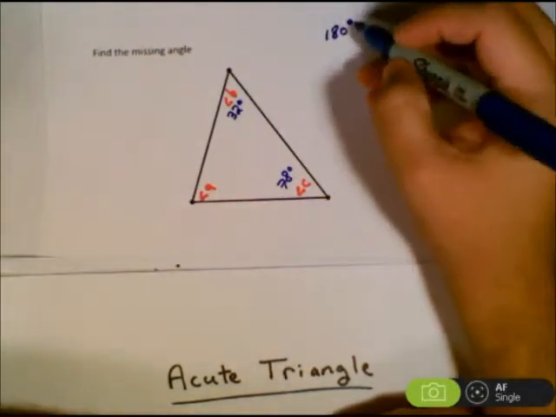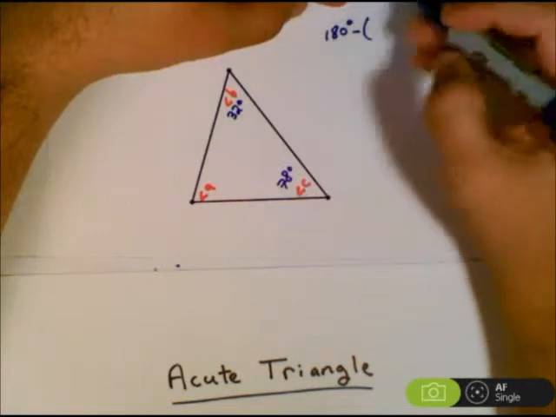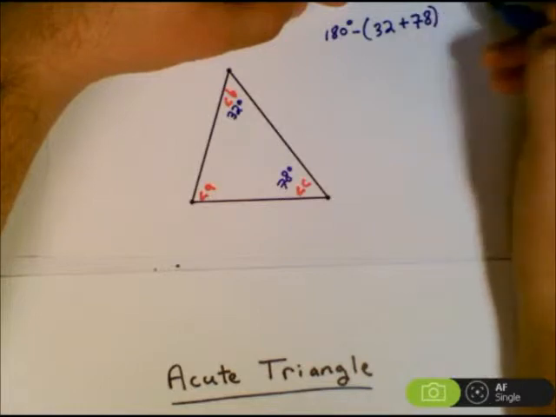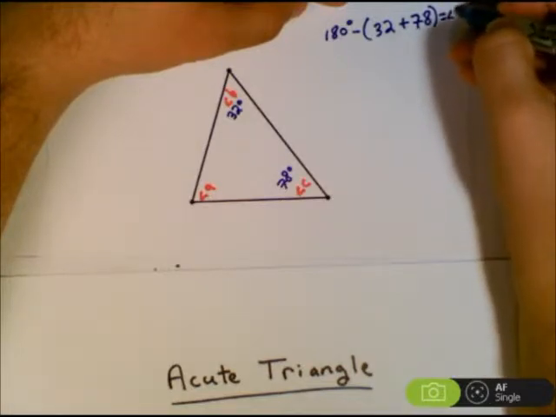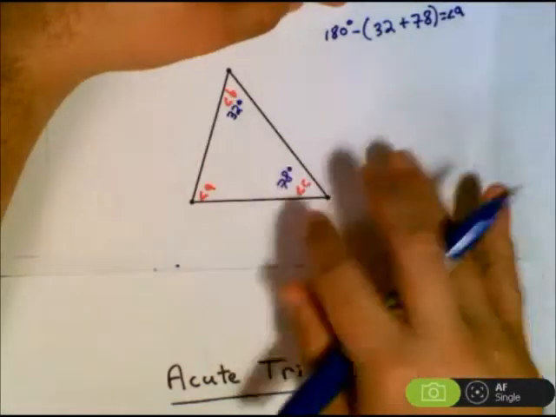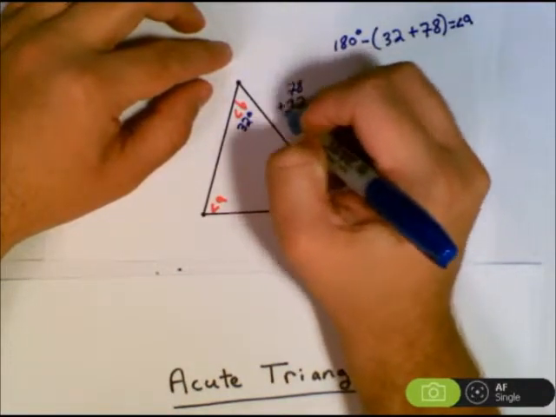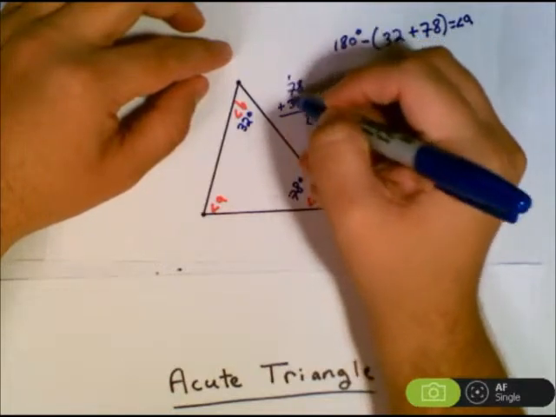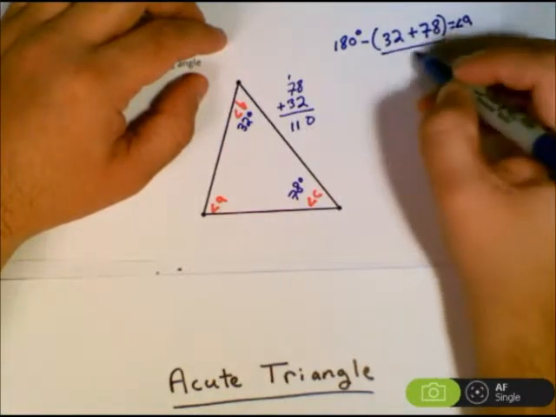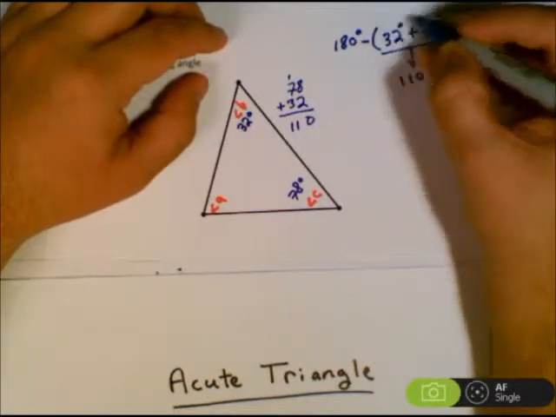We're going to write 180 degrees minus the sum of the known angles, which is 32 degrees plus 78 degrees, and that will give us our missing angle, angle A. Let's do that. 78 plus 32, I'll work this out on the side. That's 110 degrees.